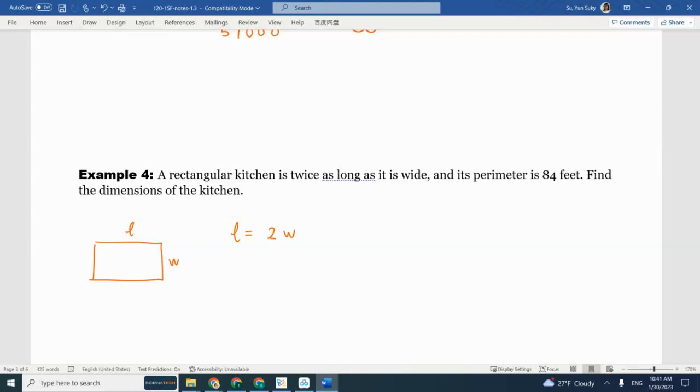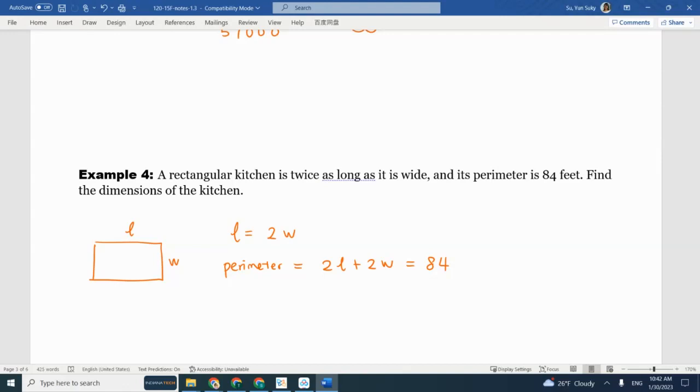So this is L plus W plus L plus W. So perimeter is 2L plus 2W equals 84. Right, everybody? This is an equation with two variables.